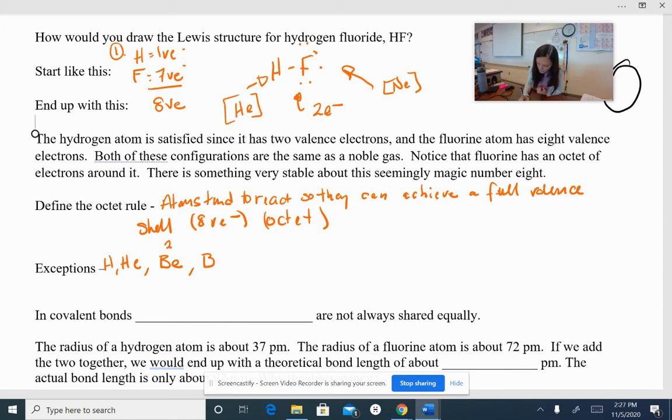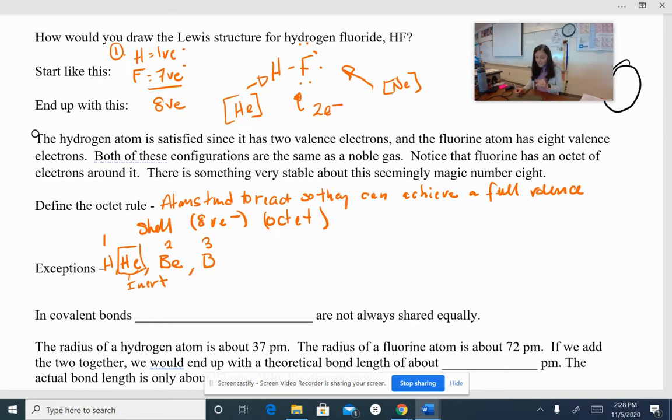Helium isn't going to share any, and hydrogen will only share 1. Okay? So that's all they can do. So helium is inert, or a noble gas, for heaven's sakes. It's inert. It doesn't react.